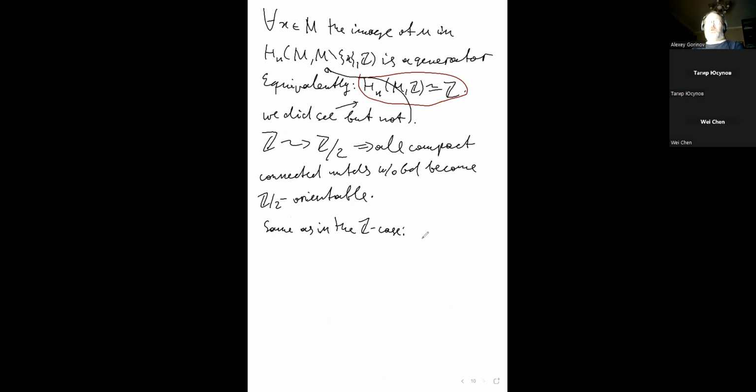Same as in the case of integral homology, the degree is the number of pre-images of a regular point, of a regular value, mod 2.